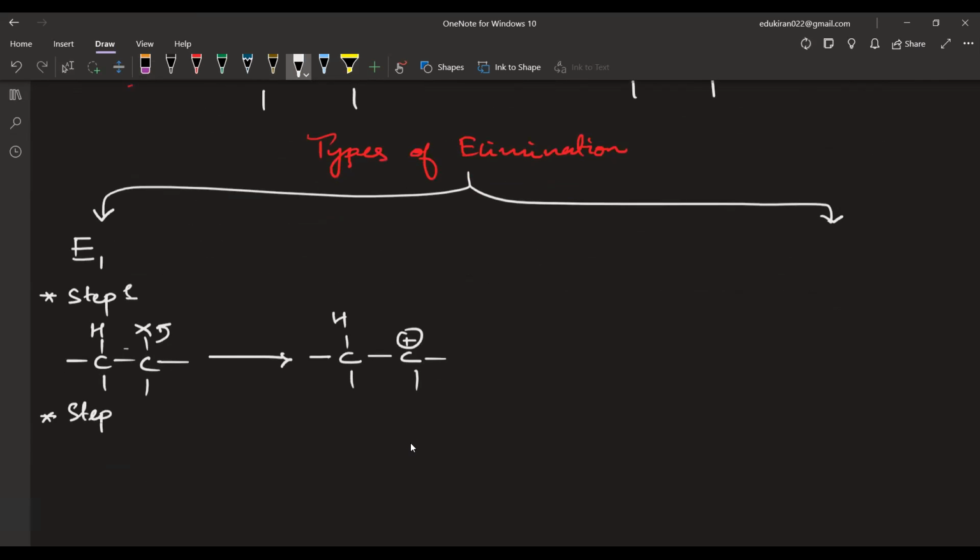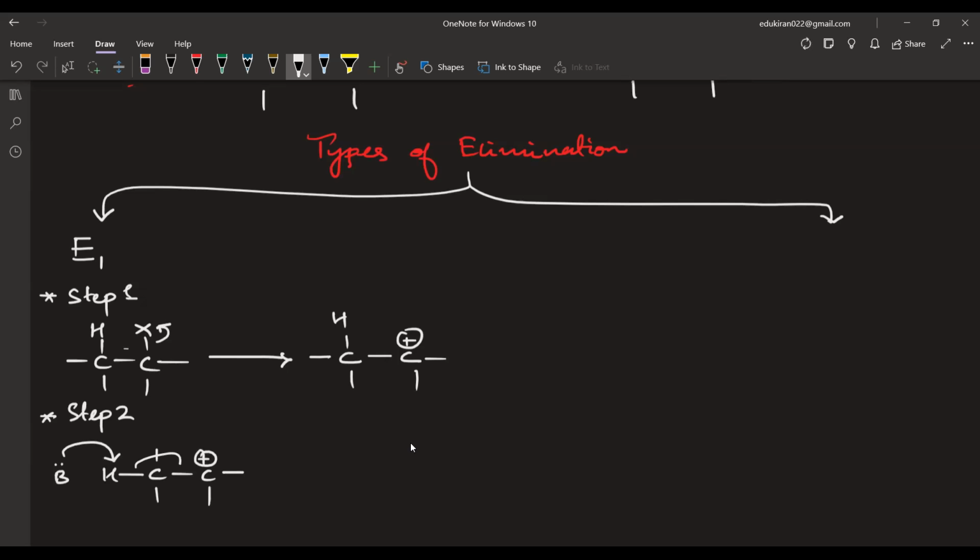Step 2, what happens? There will be a base. So I'm showing that B. This base will attack this hydrogen.